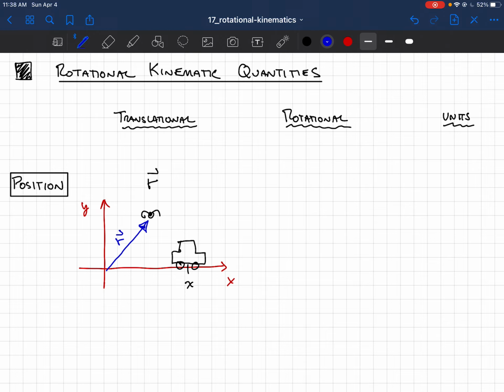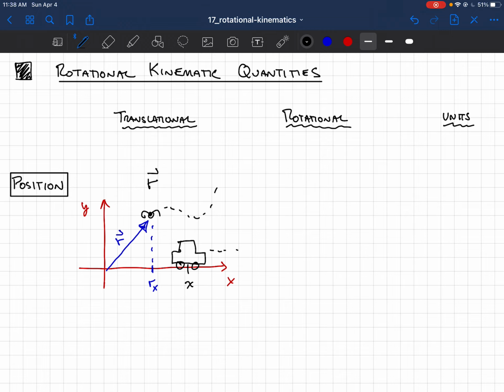So we think about the position of an object in that way, either the position along an axis or a vector in two-dimensional space, or of course you can talk about the x component of that bird and the y component of its position. That's translational position because in each case these objects are moving through two-dimensional space.